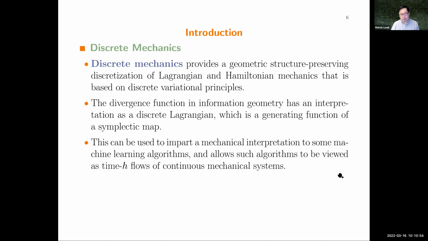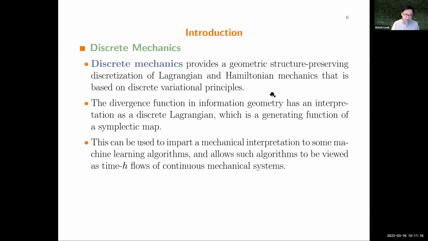Okay, and then my main area of research is in what is called discrete mechanics, and it provides a way of discretizing analytical mechanics, in particular Lagrangian and Hamiltonian mechanics, that is structure preserving. It preserves the kind of differential geometric structure, again, which is present in many of these kinds of problems.